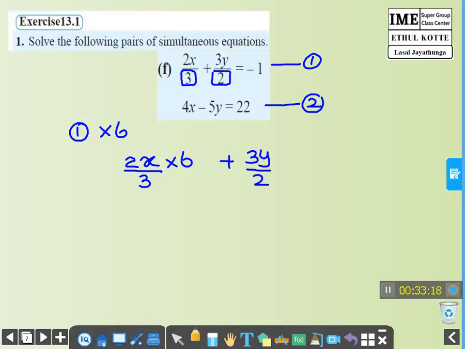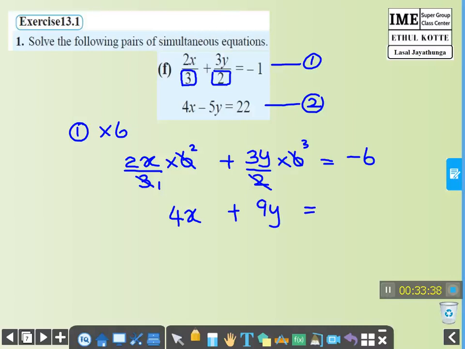Okay. Here I'll write the multiplication just to understand further. 2x upon 3 multiplied by 6 plus 3y upon 2 multiplied by 6 minus 1 multiplied by 6 equals minus 6.